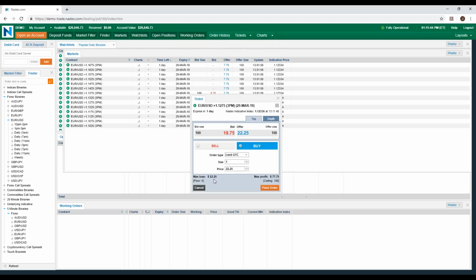Holding a binary contract on the euro dollar for 5 days with that type of known upfront limited capped risk.